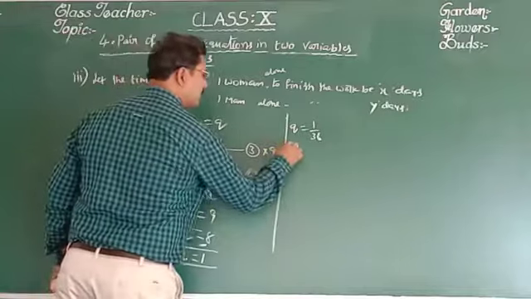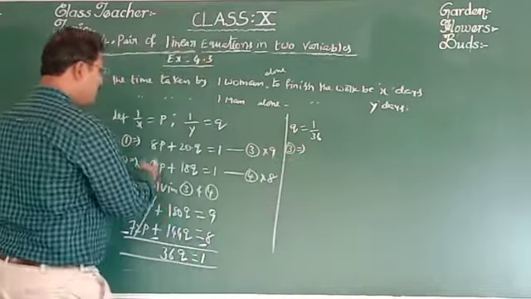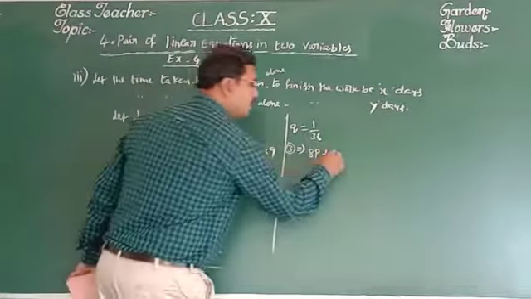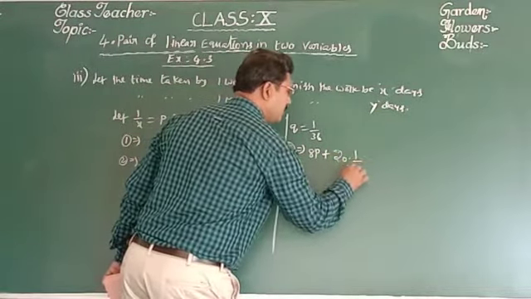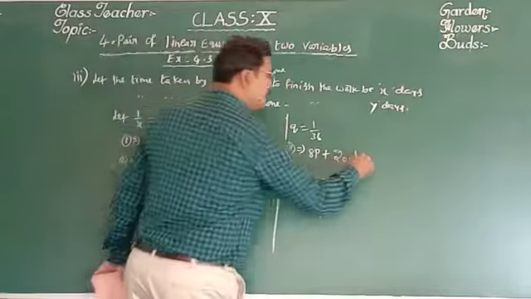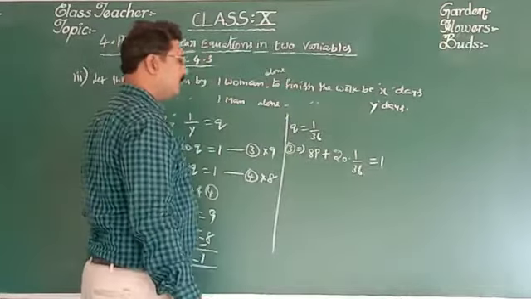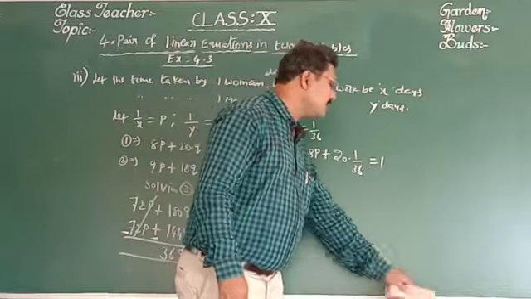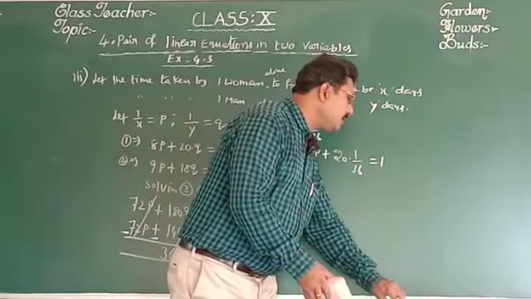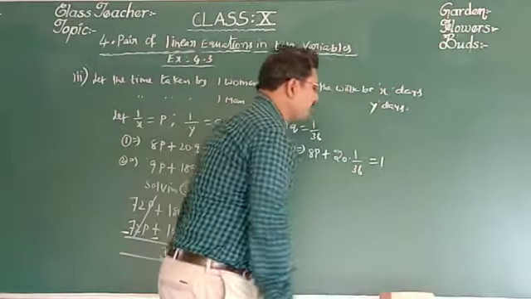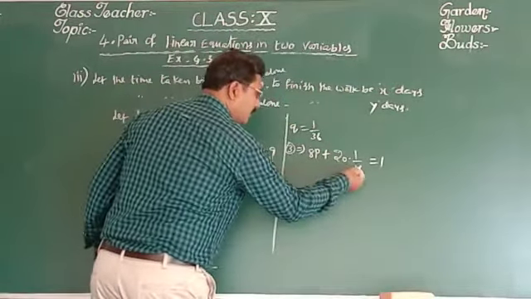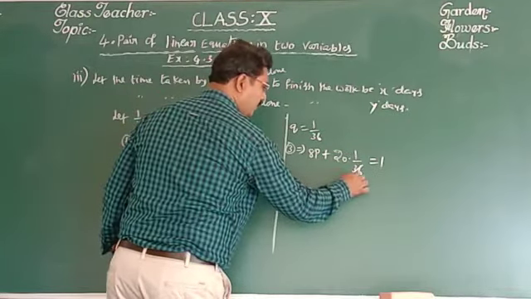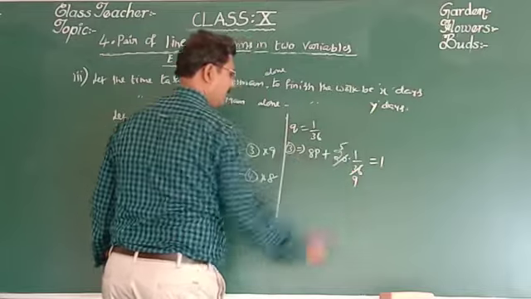Now equation 3 implies 8P plus 20Q, and Q is 1 by 36, is equal to 1. So 20Q, that means 1 by 36, is equal to 1. Now 4 nines are 36, 4 fives are 20.